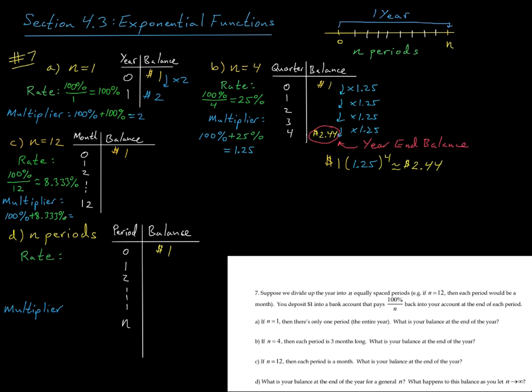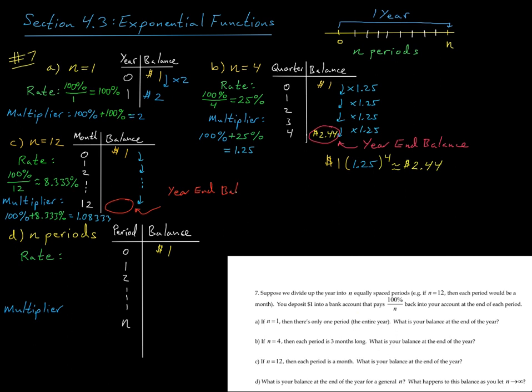giving us a total of 108 and a third, right? Or as a decimal, it'd be 1.08333. So here we're going to multiply now 12 times, because our year-end balance will occur here at month 12.